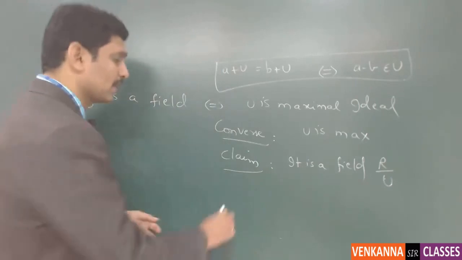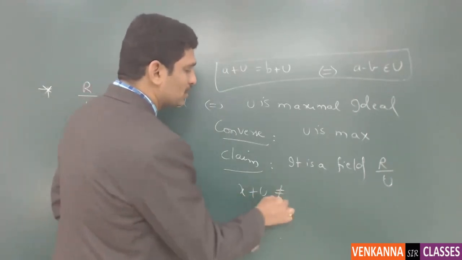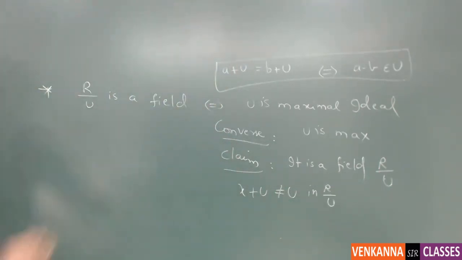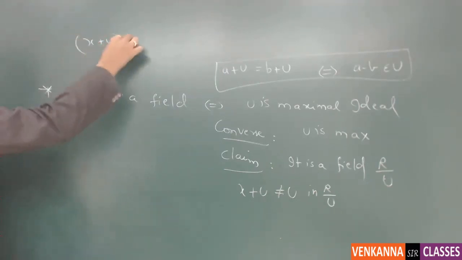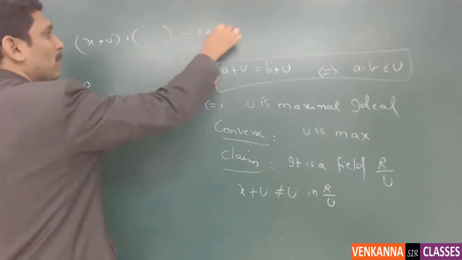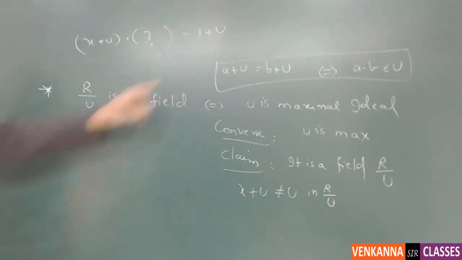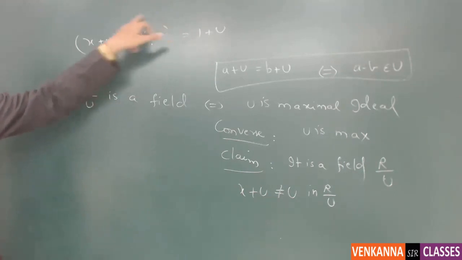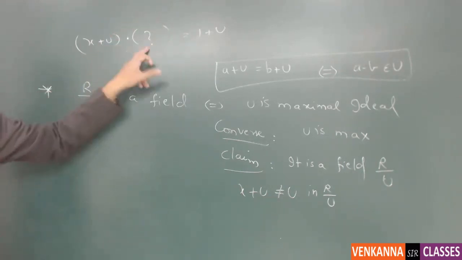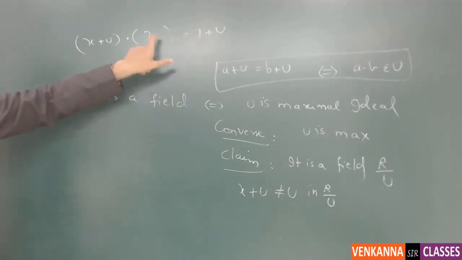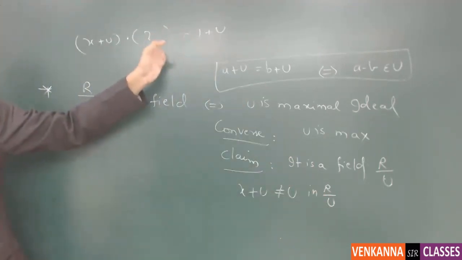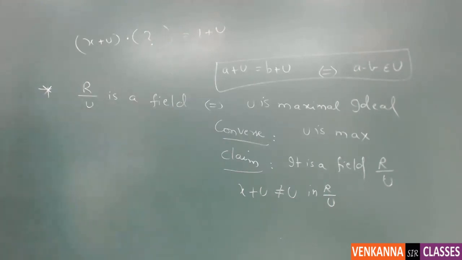So if you say that X plus U is a non-zero element in R by U, our aim is to find a condition that X plus U dot something should be equal to 1 plus U. Because this is the identity, and this is the element you have taken, if such an element exists such that the product of these two is equal to 1 plus U, then this is nothing but the inverse of X plus U. So R by U possesses an inverse for every non-zero element, hence it has the inverse property, so it becomes a field. That is the idea.